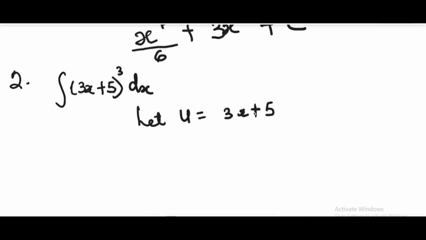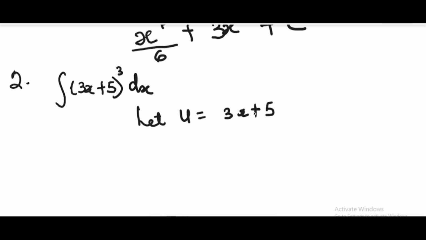So differentiating u with respect to x will be equal to 3, right? So we make the x subject. So when we cross multiply here, we have du to be equal to 3 dx, right? So when we divide both sides by 3, our dx becomes equal to du over 3.